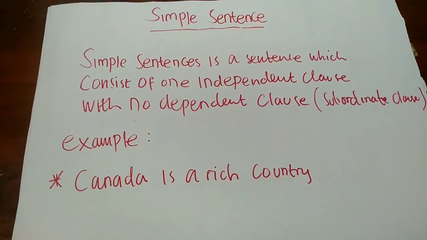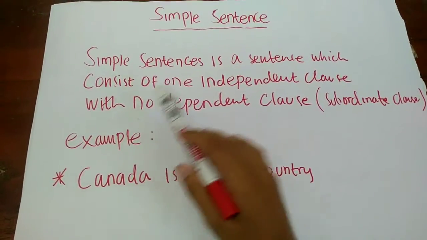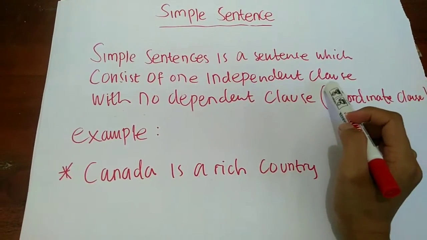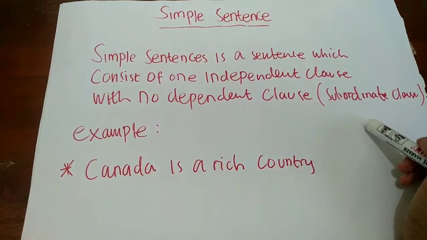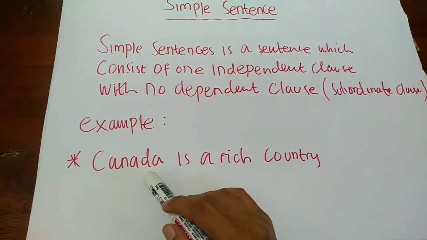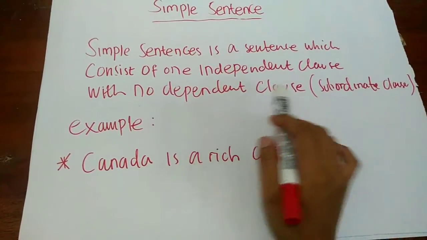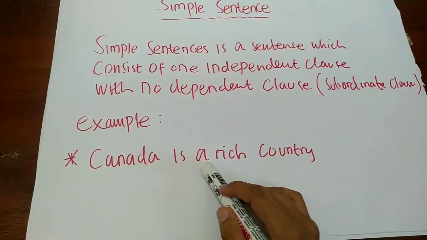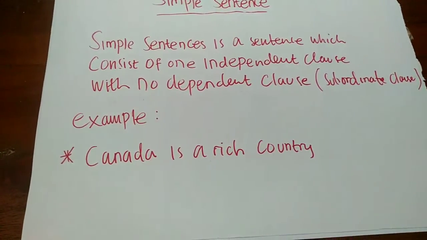The first is the simple sentence. A simple sentence is a sentence which consists of one independent clause with no dependent clause or subordinate clause. The example is Canada is a rich country. There is no dependent clause or subordinate clause, only an independent clause or main clause.